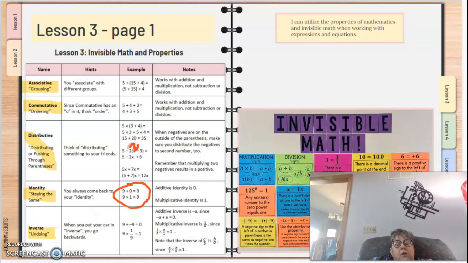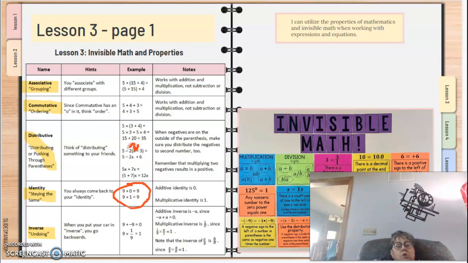This is talking about basically 9 plus its inverse, minus 9, is 0, and 9 times its inverse, reciprocal, 1 over 9, is equal to 1. So these are additive inverses, and these are multiplicative inverses here.